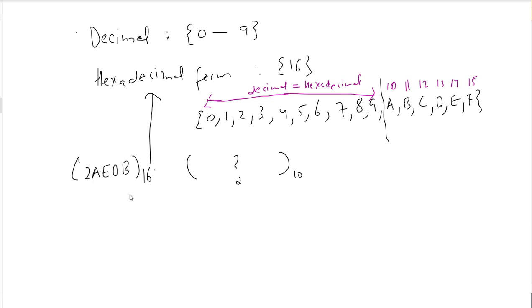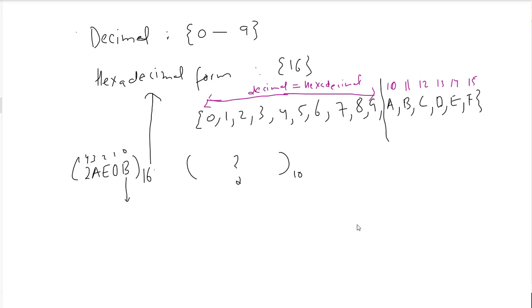Now the methodology is similar, but here instead of B we have to give its decimal form. All the numbers which are ranging from 10 to 15, since they are different, we have to represent them in their decimal form. Now it has a power of 0 associated with it. This has a power of 1, this has a power of 2, this has a power of 3, this has a power of 4.